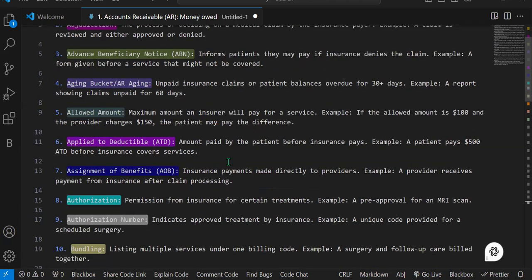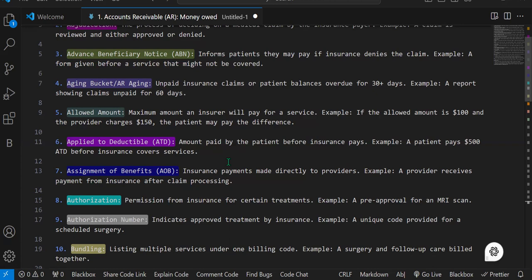Applied to deductible: the amount paid by the patient before insurance pays. Insurance gives an annual deductible amount, and every patient will have a deductible amount. For example, the patient's deductible amount is $1,000. Within that deductible, he has to go to the hospital and pay the amount to the hospital until that 1,000 rupees is completed.